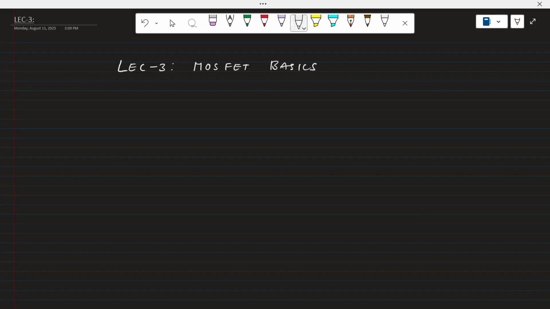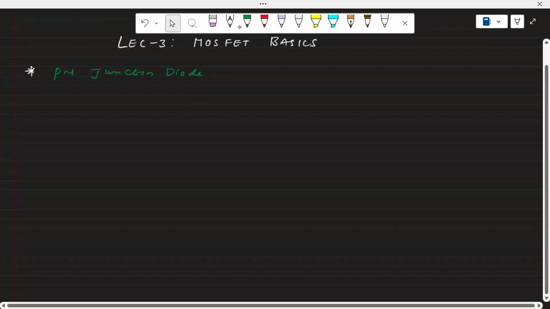Okay. So what we have seen in the last class, we have studied the PN junction diode, right? So what is the basic idea about the PN junction diode? What we have learned?